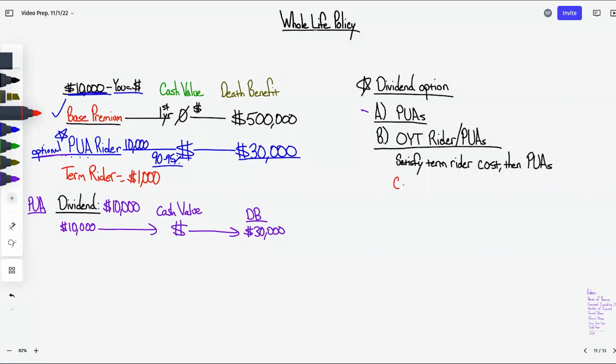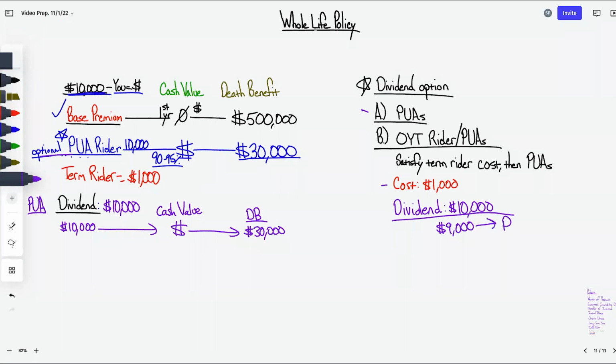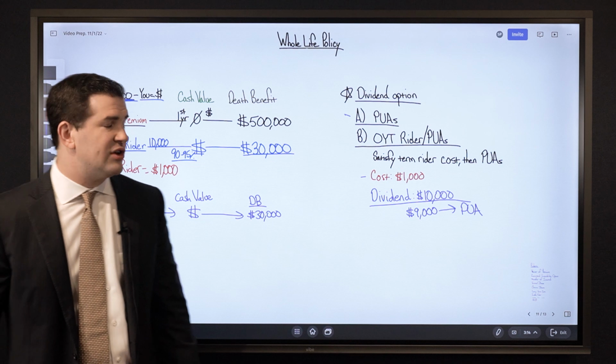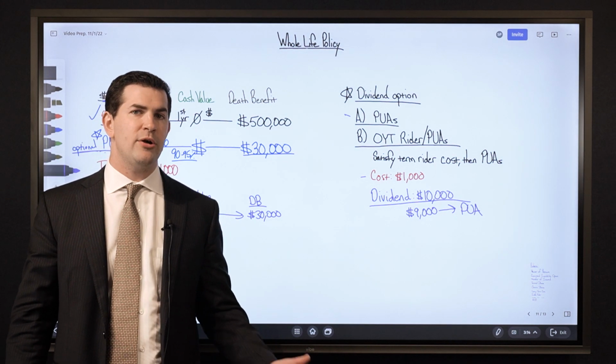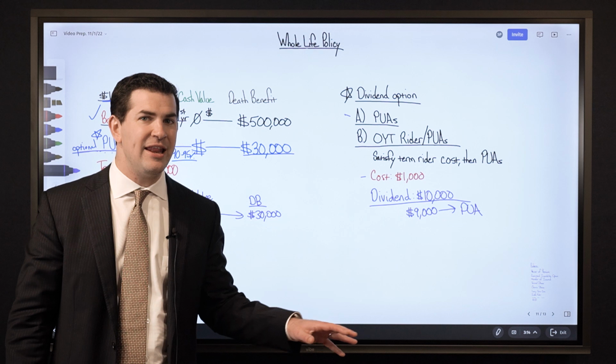If the cost, it'll be less than this, but let's just assume it's $1,000, and the dividend you received is the same $10,000, what will happen here is that dividend payment of 10 grand will first satisfy the term cost, and then after it's satisfied, the other $9,000 will be kicked into PUAs.